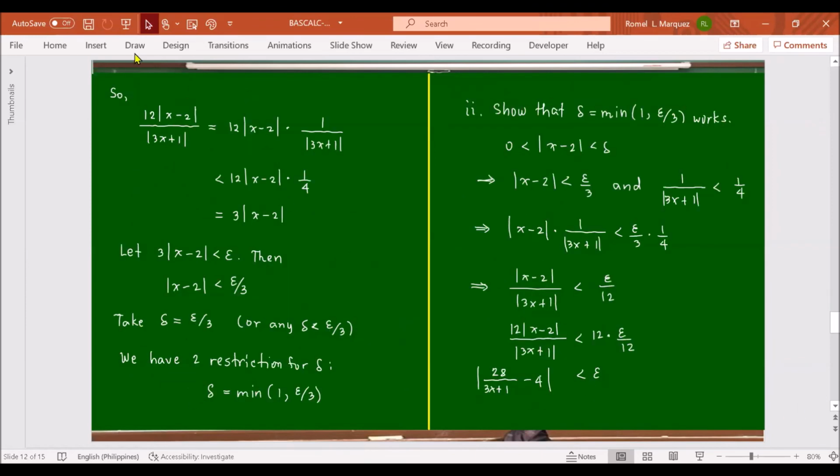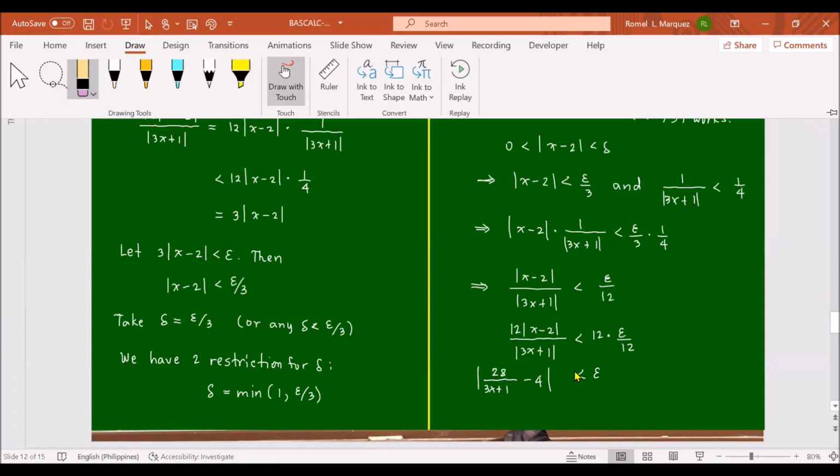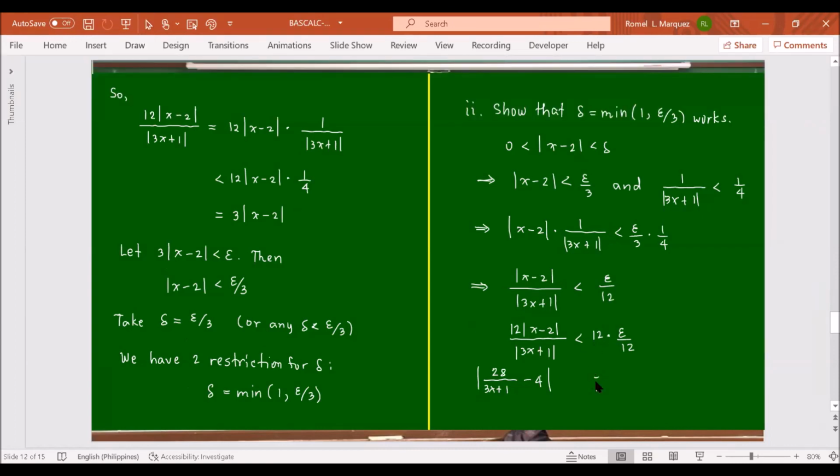So I can say that this f of x minus 4 is less than epsilon. Since we have shown that the absolute value of f of x minus 4 is less than epsilon, we say that the limit as x approaches 2 of 28 over 3x plus 1 is equal to 4. Okay, that's it.